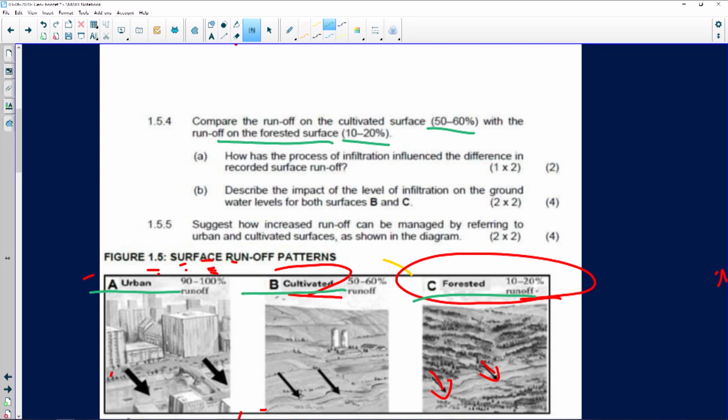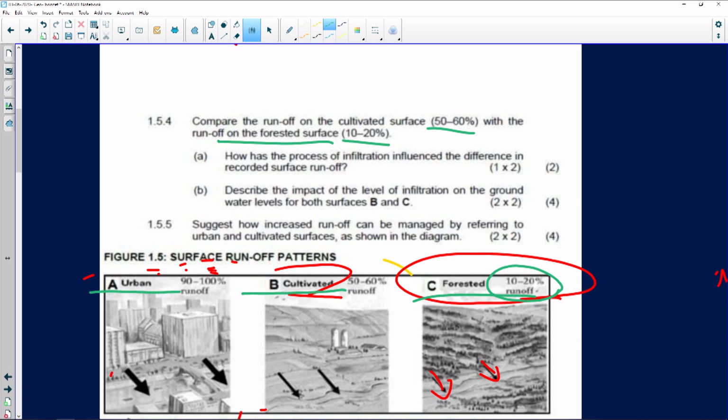Now let's just quickly discuss this question. How has the process of infiltration influenced the difference in recorded surface runoff? Now, as you can see, there is much less runoff at the forested area than the cultivated area, because of greater infiltration.